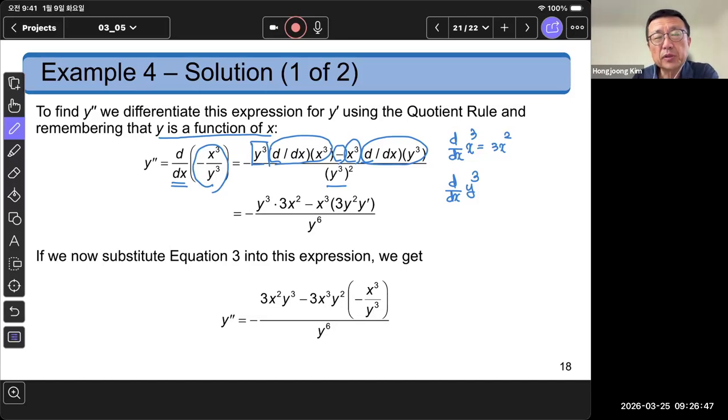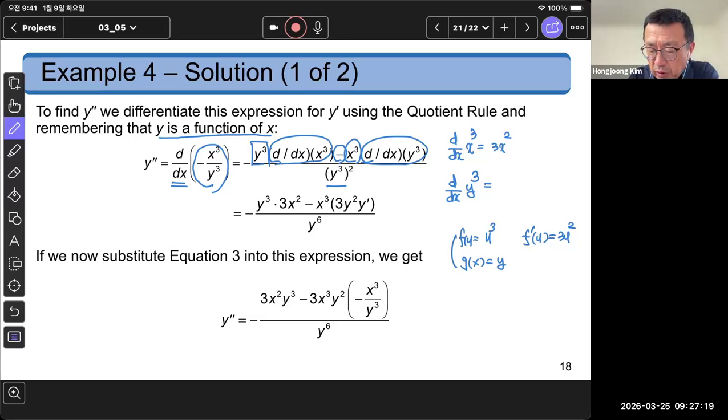So this y cubed is the composite of two functions, right? f of u is u cubed, and g of x is, say, y. So you first differentiate the outer function. f prime of u will be 3u squared.